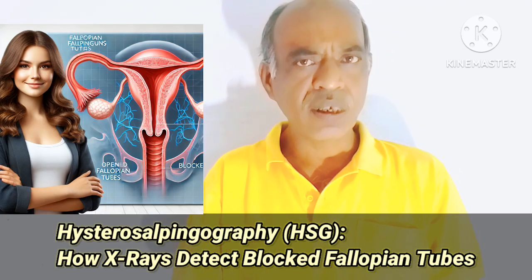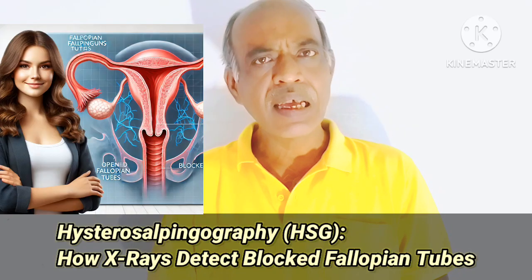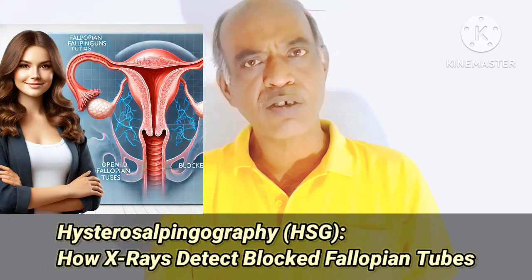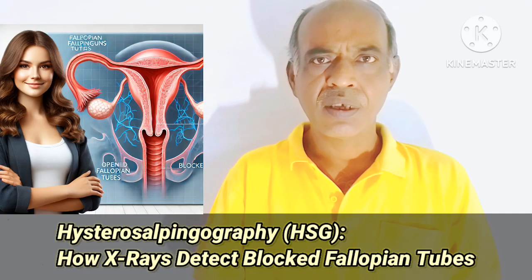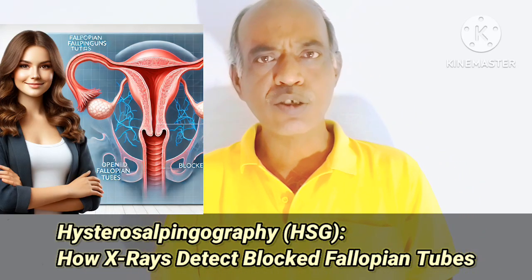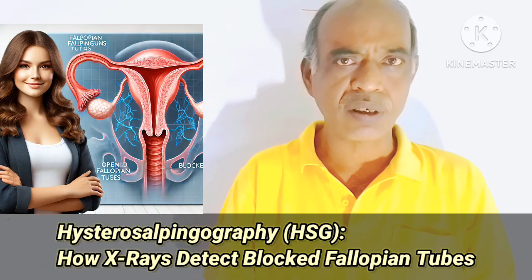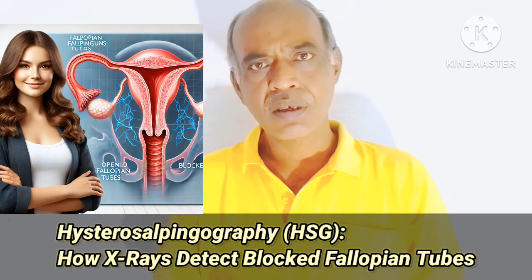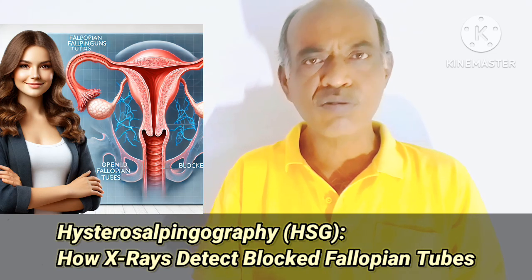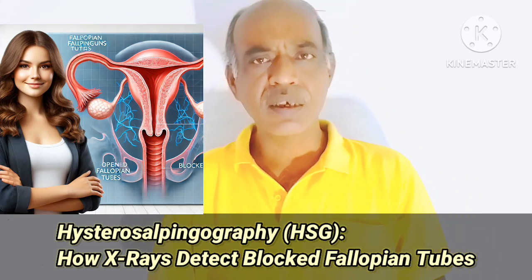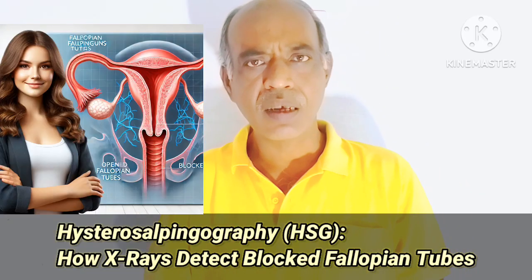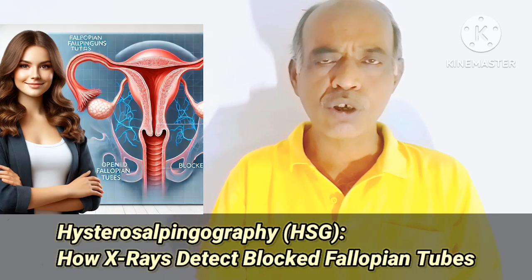So actually, in this case, what is done? A thin and flexible catheter is inserted through the cervix, and thereafter the radio opaque dye is pushed in the form of an injection. It is pushed slowly through the catheter, and then it starts moving through the uterus and ultimately reaches the fallopian tubes.